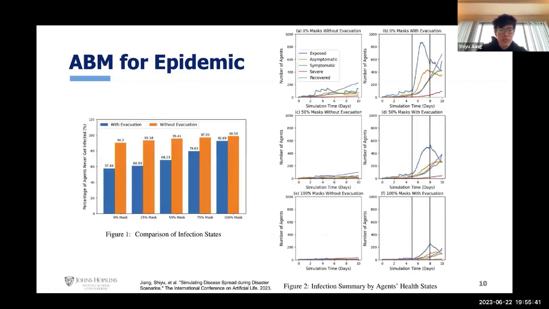So we can directly see the visualization. In figure 1, the blue represents the with-evacuation scenario, while the other one is without evacuation. With zero mask condition, with evacuation, which includes the scenario of population gathering, there are lots of infections happening here, while for the 100% masking scenario, the gap is much smaller than in the zero mask scenario.